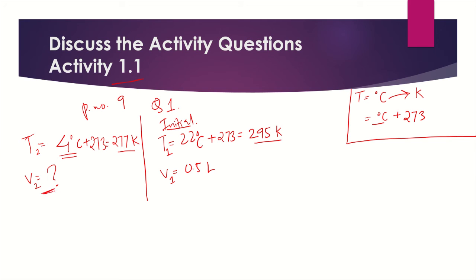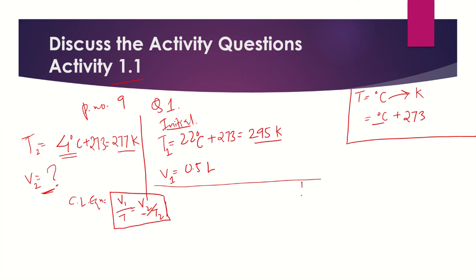Now let us try to solve for V2. From the previous lesson, we have already learned the Charles' law equation, that is V1 by T1 is equal to V2 by T2. By using this equation, we will try to solve for V2. Before we jump into solving it, we have to arrange the equation in such a way that V2 is kept on the left hand side and all the other values on the right hand side.